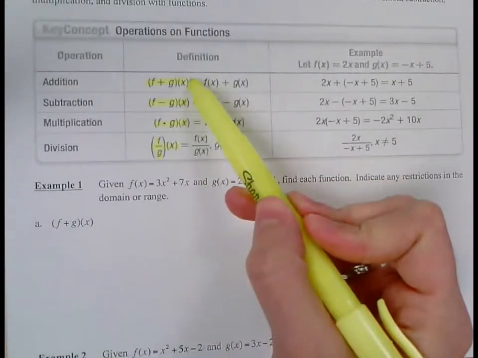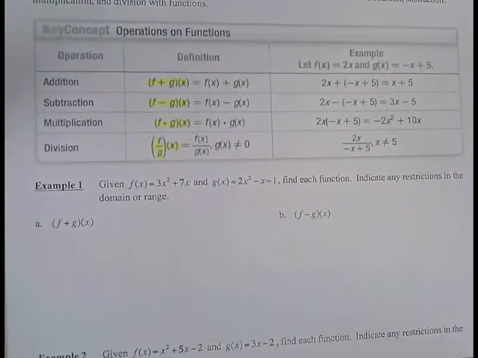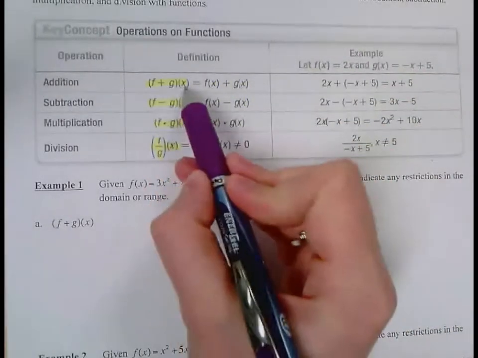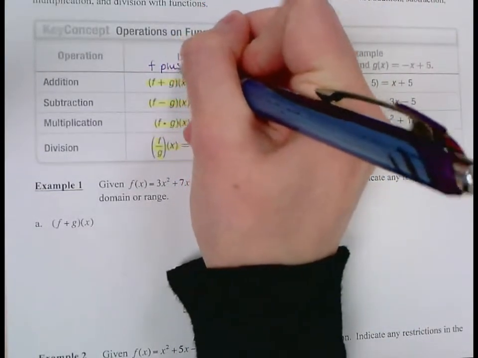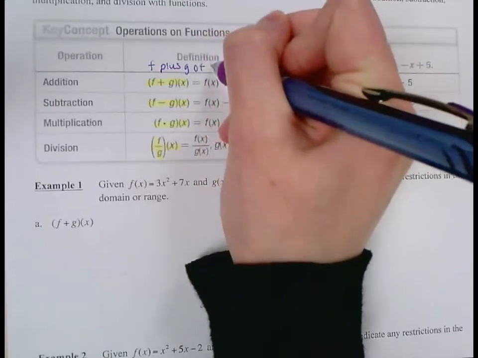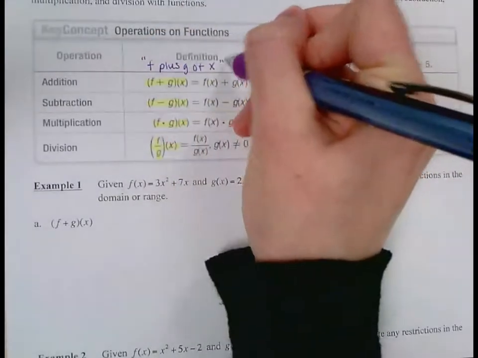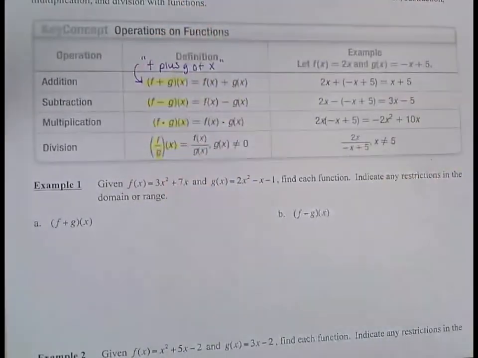This first one means f plus g of x. So f plus g of x is how that first one would be said or read. And then you could just insert the different operations for the other ones, f minus g of x, f times g of x, and so on.